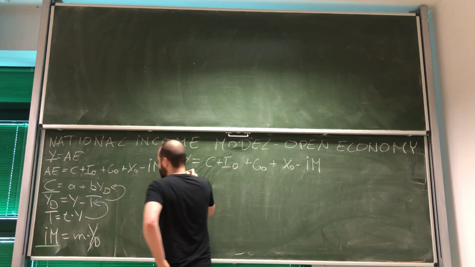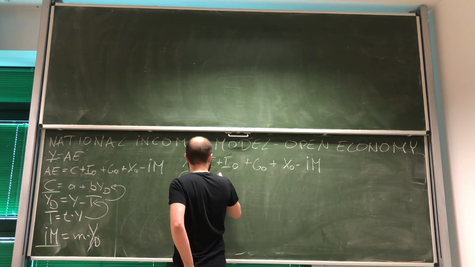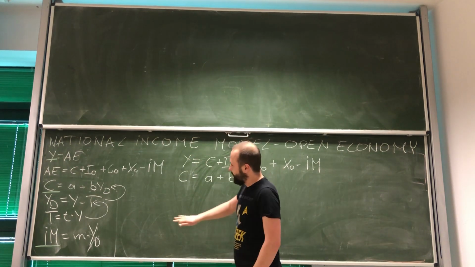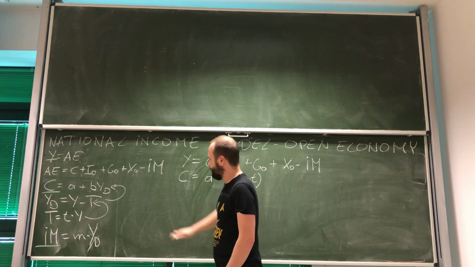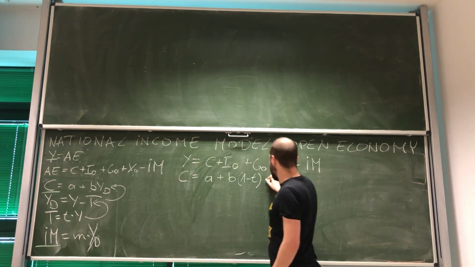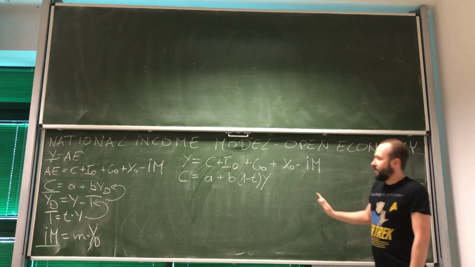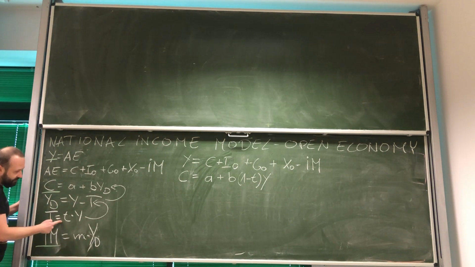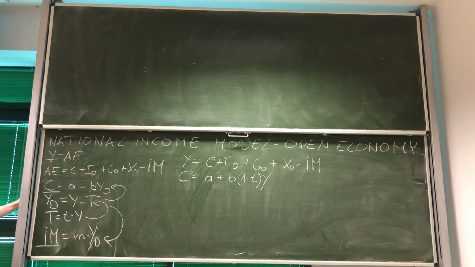So I'm getting that this is c equals to a plus b times 1 minus t, right, times income, right? So now we have disposable income over here as well, so we need to substitute this equation to this equation and then again into the last one.